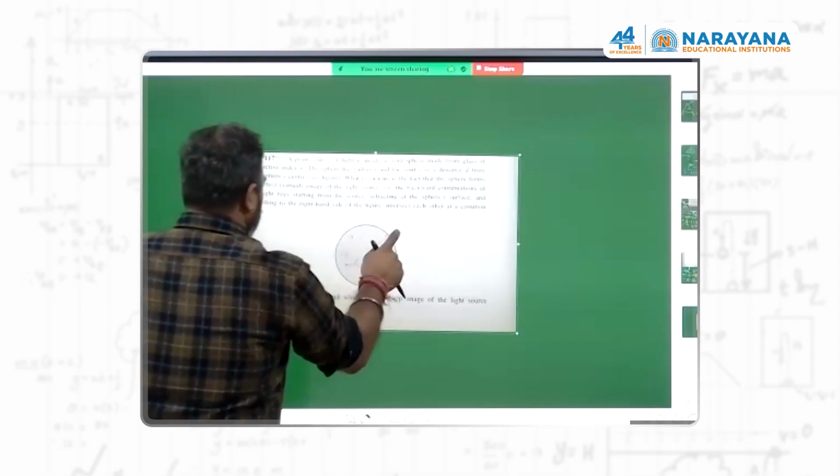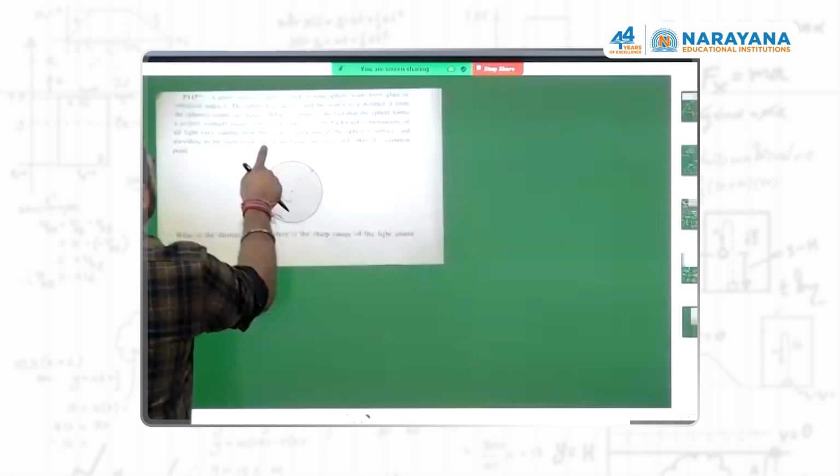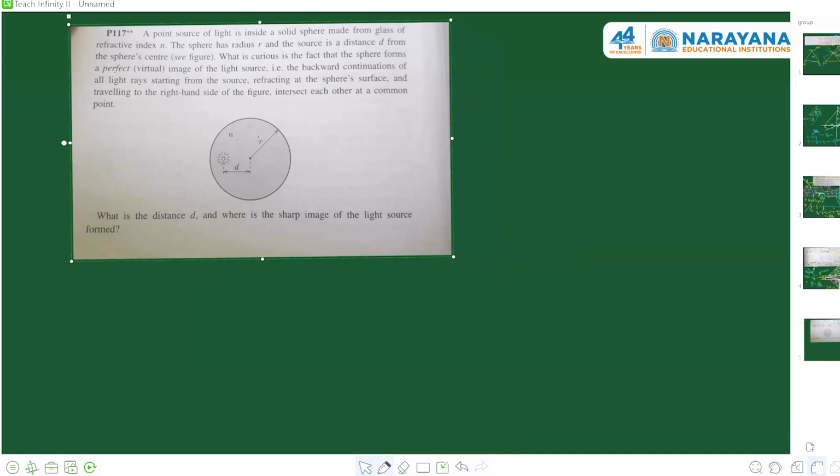Okay, sir. Right. He says there is a uniform solid sphere, and it has got a radius r. It has got a refractive index of n.